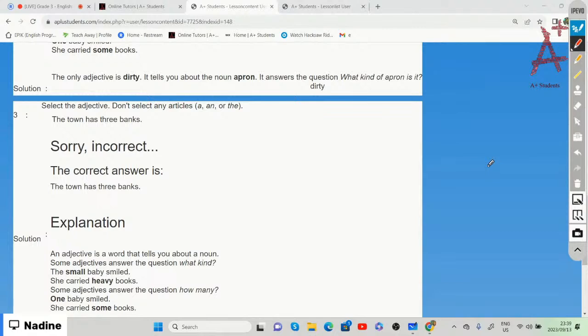All right, so if we select the adjective within that sentence, we're going to say 3 is our adjective. And this tells us how many banks this town has. So there are 3 banks in this town. So 3 is our adjective that tells us how many banks this town has.